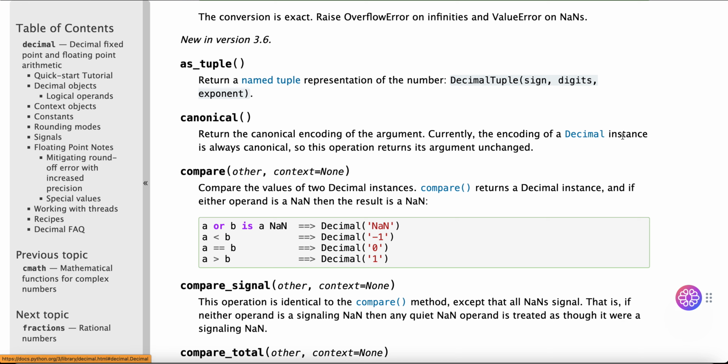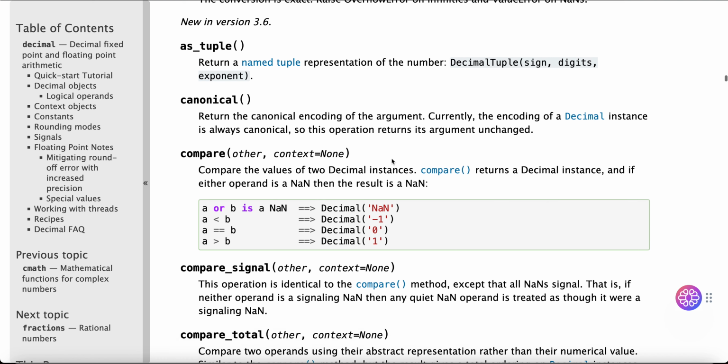Currently, the encoding of a Decimal instance is always canonical, so this operation returns its argument unchanged.